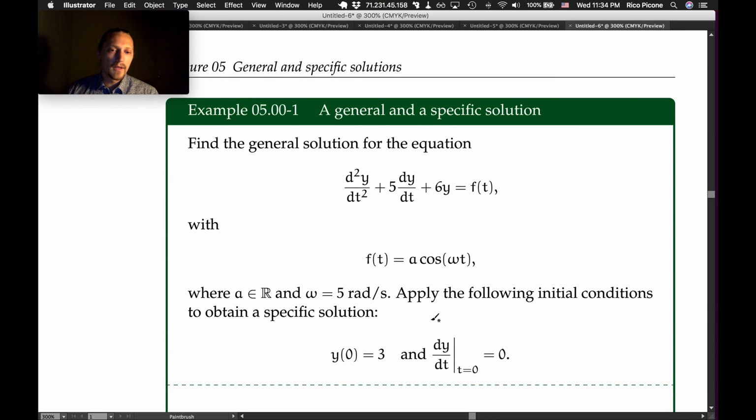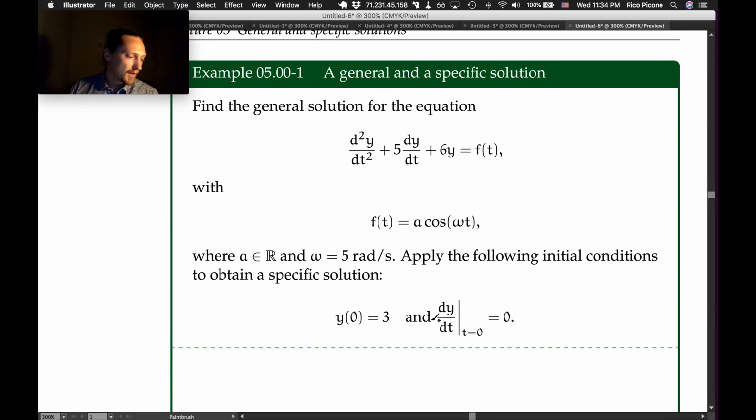Apply the following initial conditions to obtain a specific solution. So y of 0 is equal to 3, and dy/dt at time equals 0 is equal to 0. Those are our initial conditions.